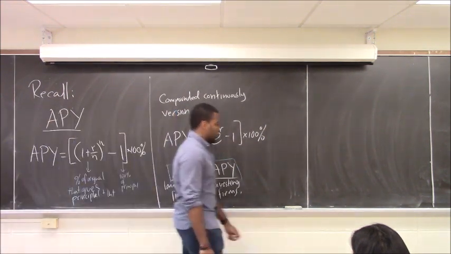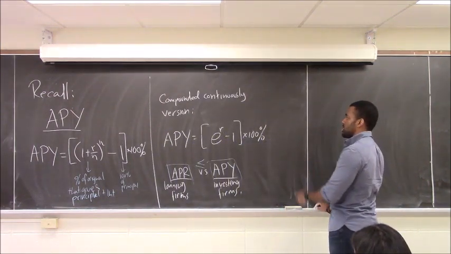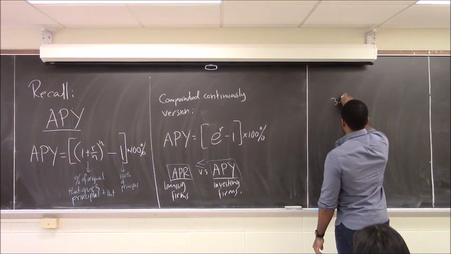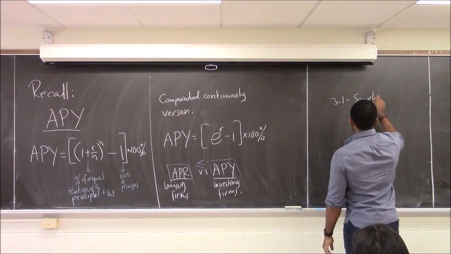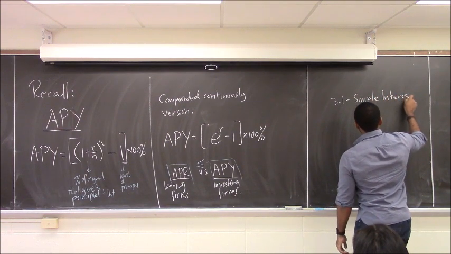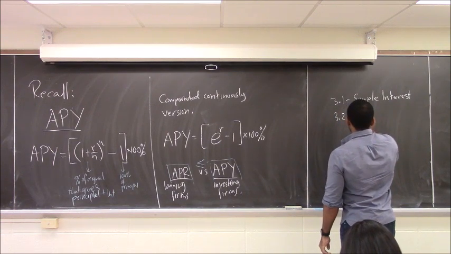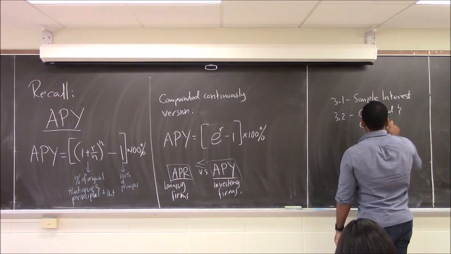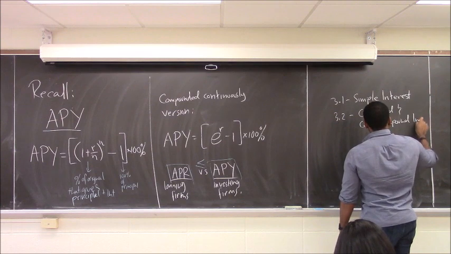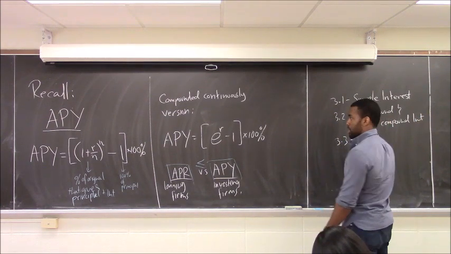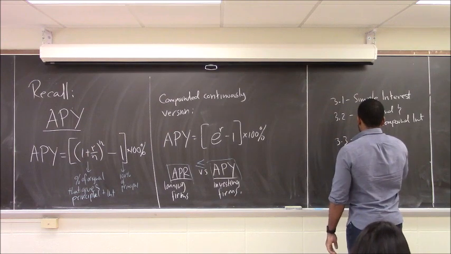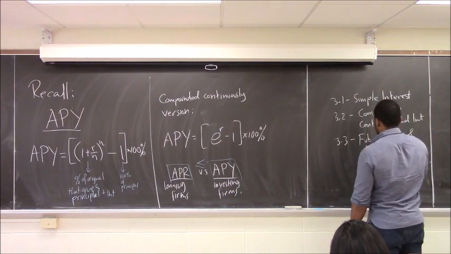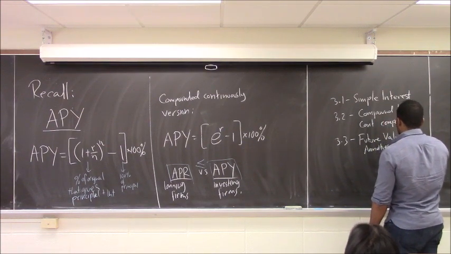Now, I want to move on to a completely different section because technically we finished the section here. If you're reading along in your books, 3.1 is where we started. That's the section that dealt with simple interest. 3.2 is where we dealt with compounded and continuously compounded interest. 3.3, which is what I'm going to talk about now, mentions something called the future value of annuities, and the idea of a sinking fund.